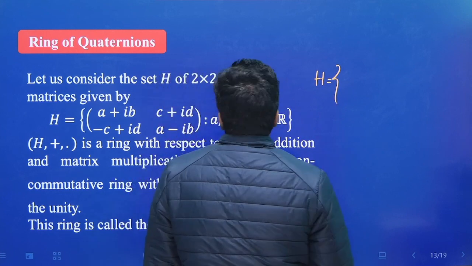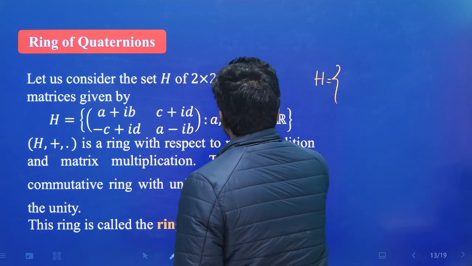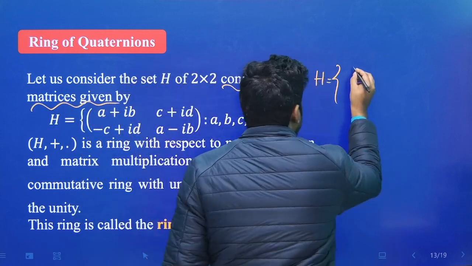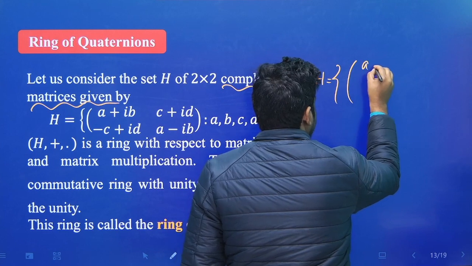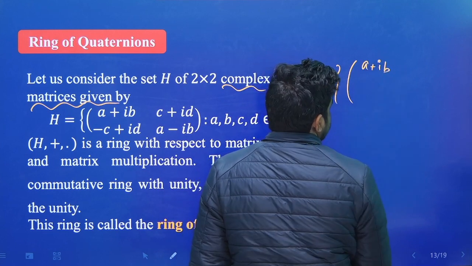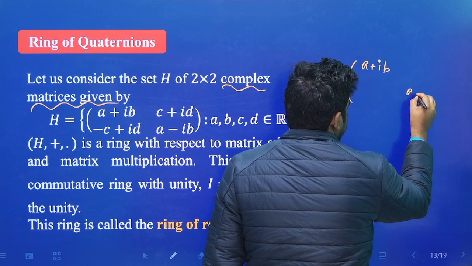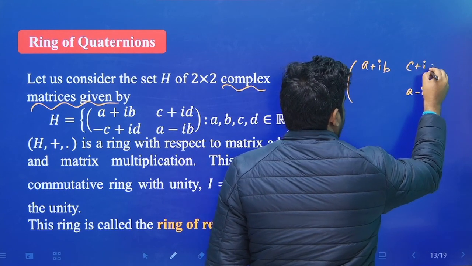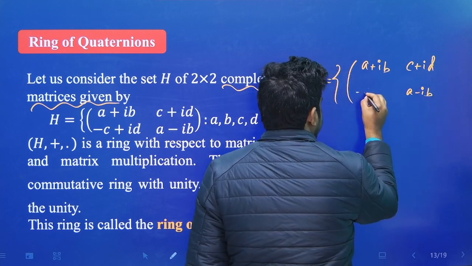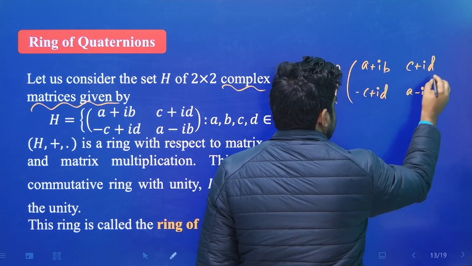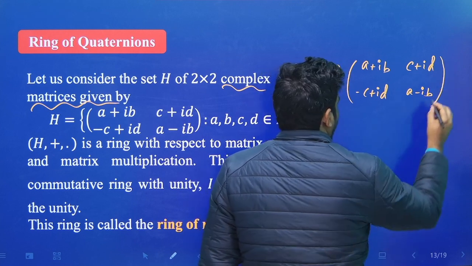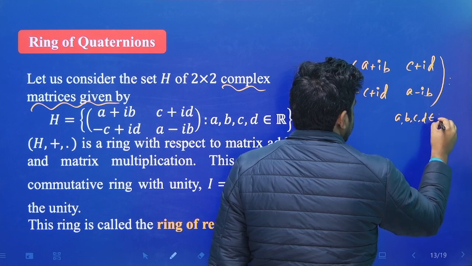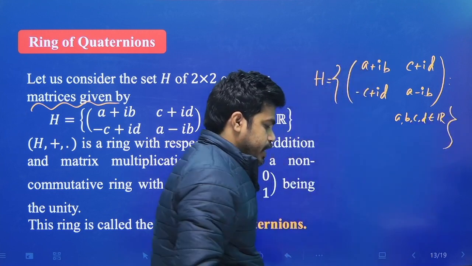Let us consider the set H of 2 cross 2 complex matrices. The elements of the matrix I am considering will be in this form a plus ib, right? The conjugate of a plus ib is a minus ib, right? c plus id, and minus c plus id, okay? where a, b, c, d belong to R.